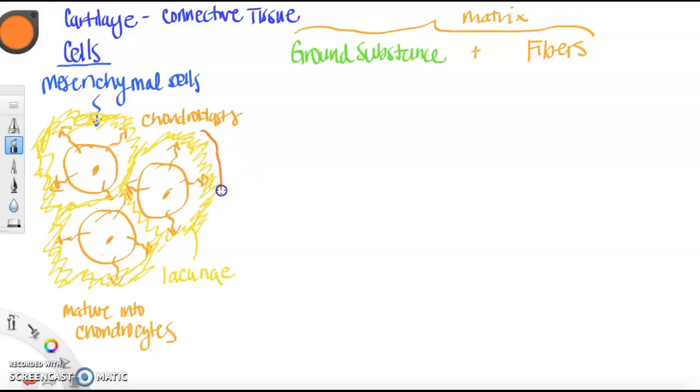So the dense connective tissue is still there, but it's pressed to the outside, and it ends up surrounding the cartilage.